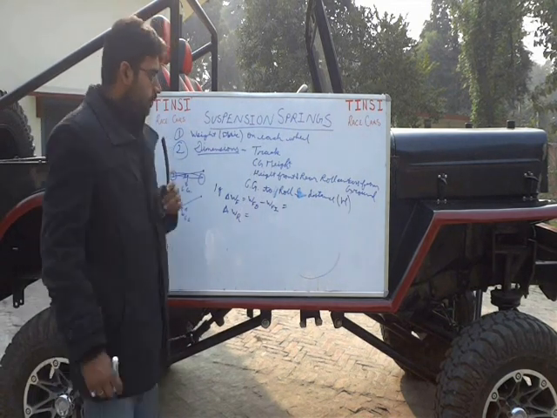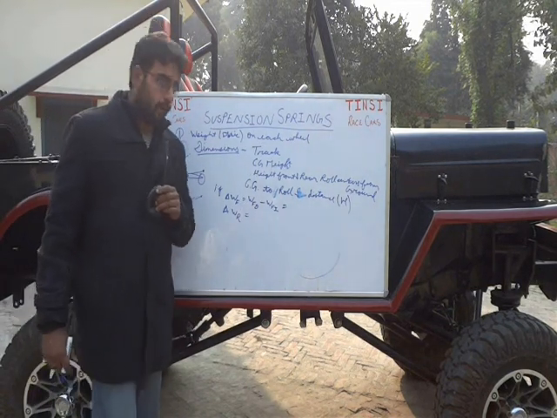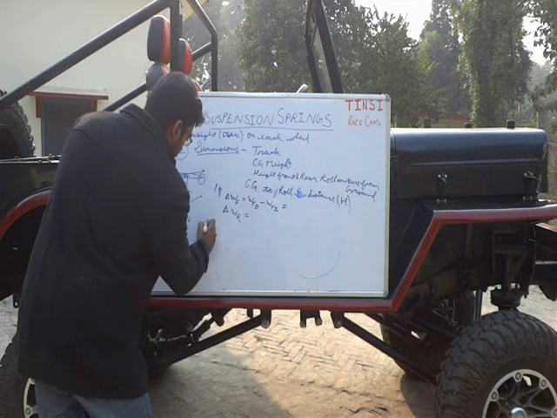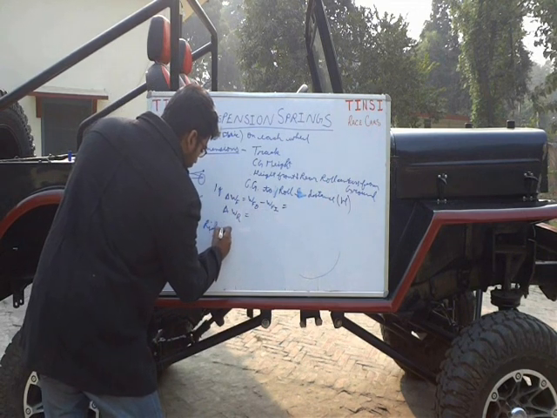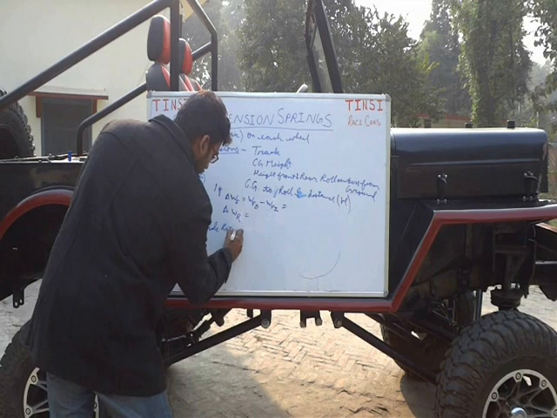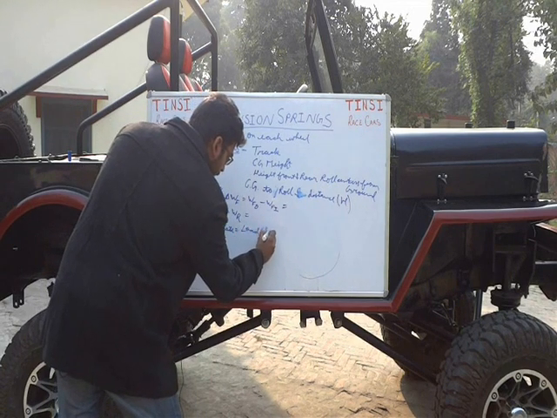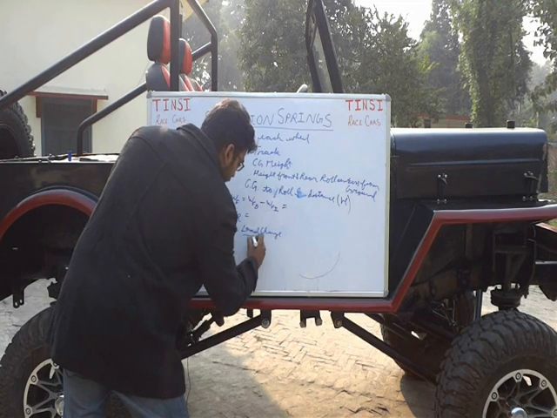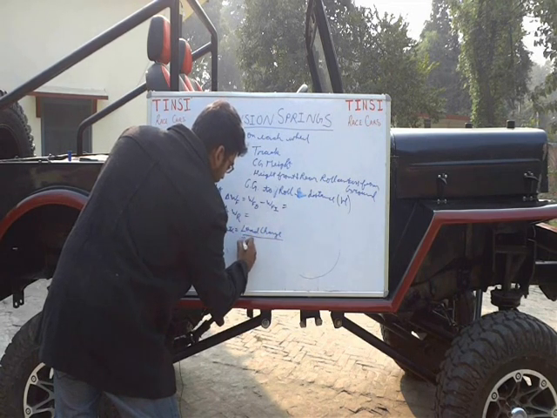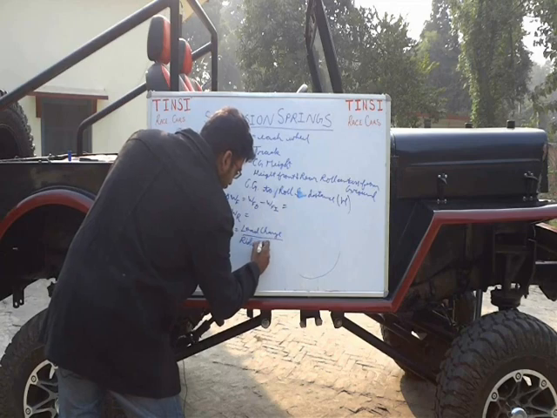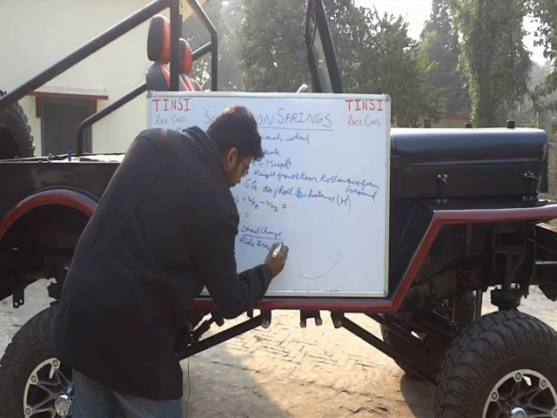Next, we need to find the ride rates. I've initially explained ride rates. Ride rate is basically the load change divided by the ride travel that you require, your specified ride travel.